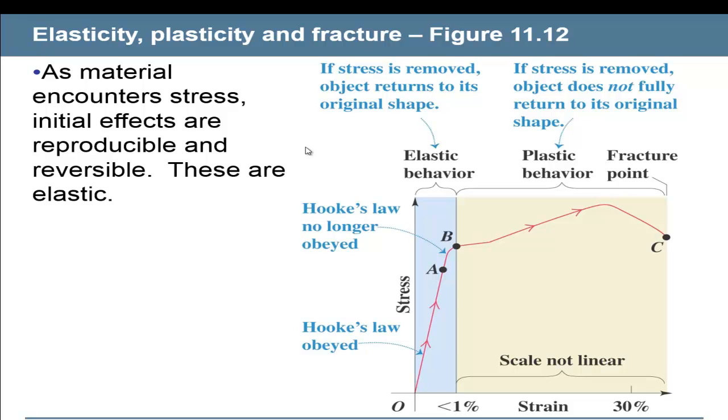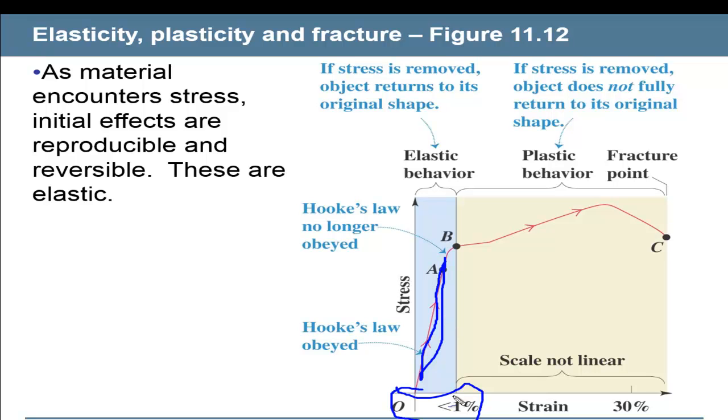Well, that only works if the object follows Hooke's law. So this Young's modulus, the bulk modulus, and the shear modulus actually only work in this region here where our strain is, and this varies from object to object or material to material, but the strain is relatively small.